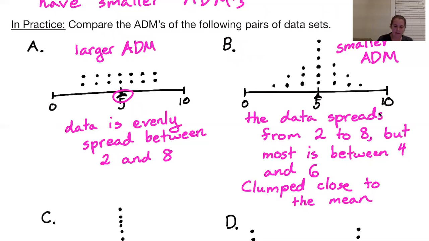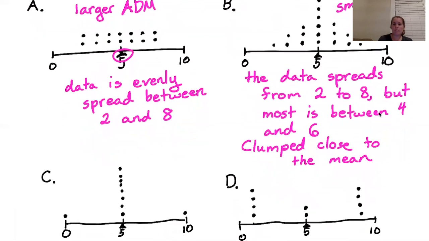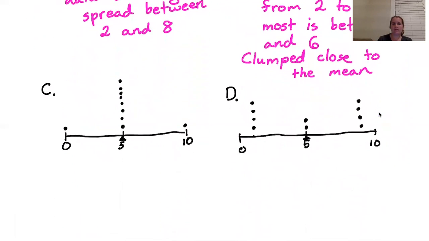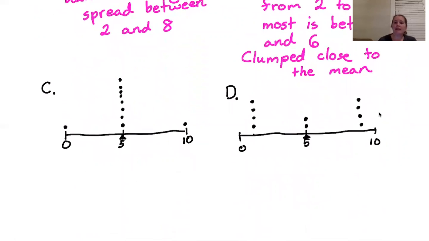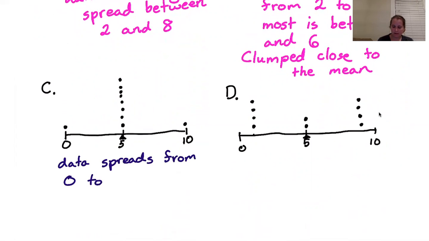If we look between C and D, what's going on in C? So in C, the data spreads from 0 to 10.